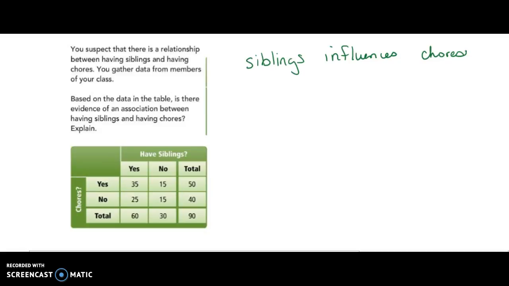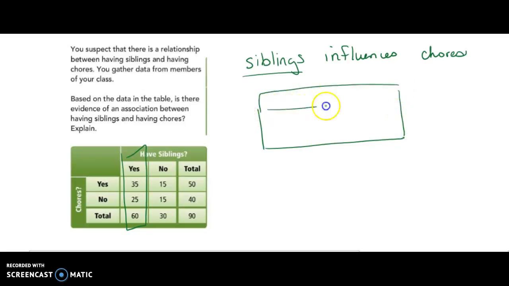So the first thing that we're going to do is say, because siblings is our first thing that we're looking at, we're going to go ahead and create a column relative frequency table for this because the siblings are in the column.